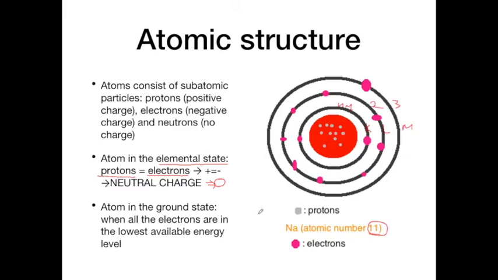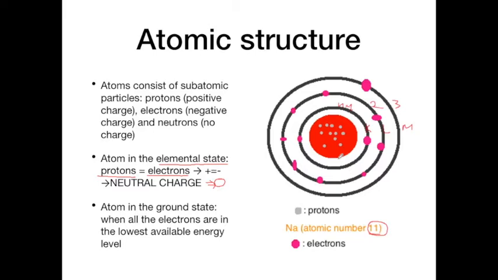Now, I told you that the K takes up to 2 electrons, the L up to 8, the M up to 18. Why didn't I put 1 electron here, 2 electrons here, and all the rest to M? And I started filling with K, and then L, and then M. Because we fill the cells, the energy levels, from the lowest to the highest.